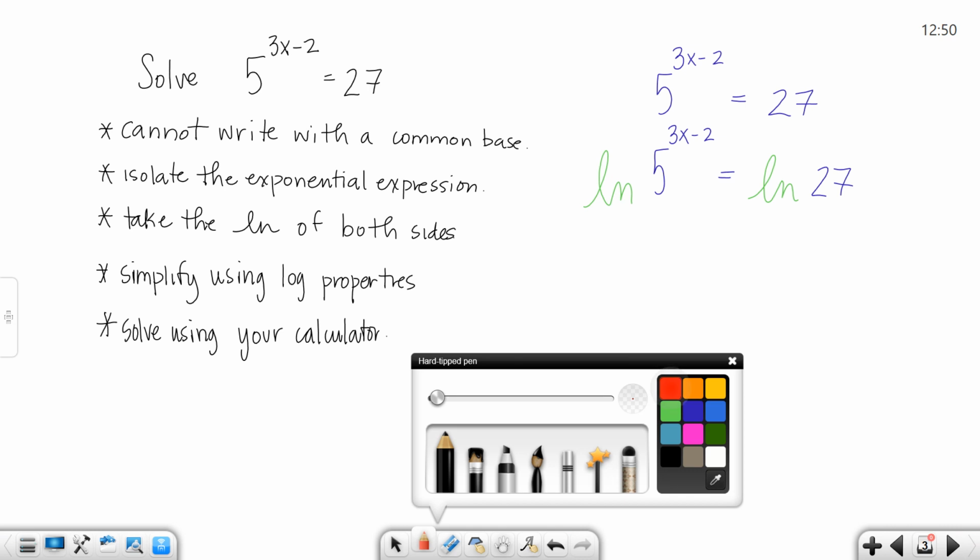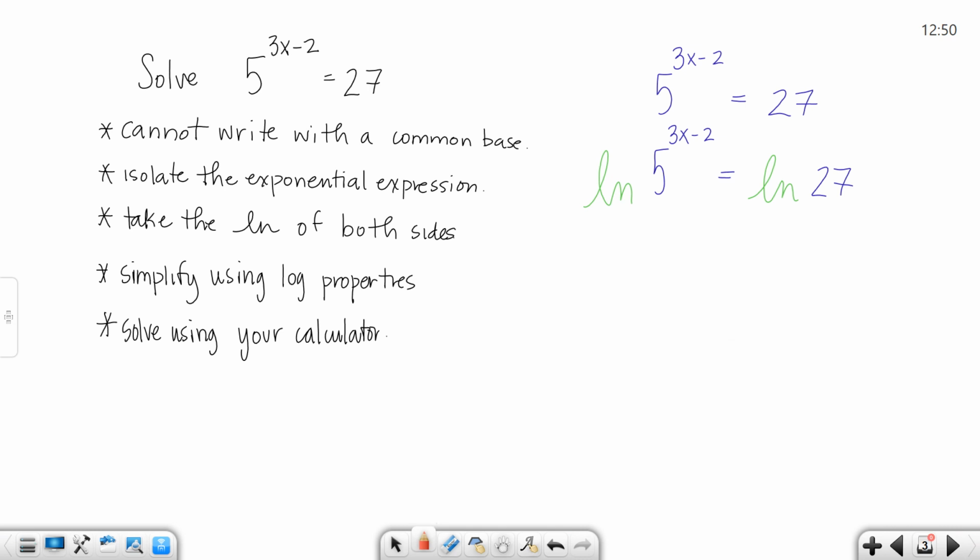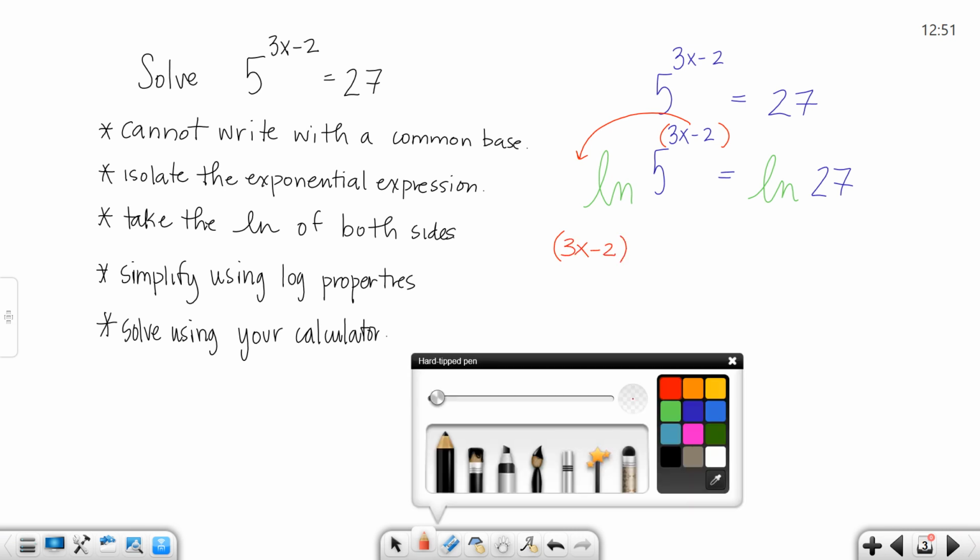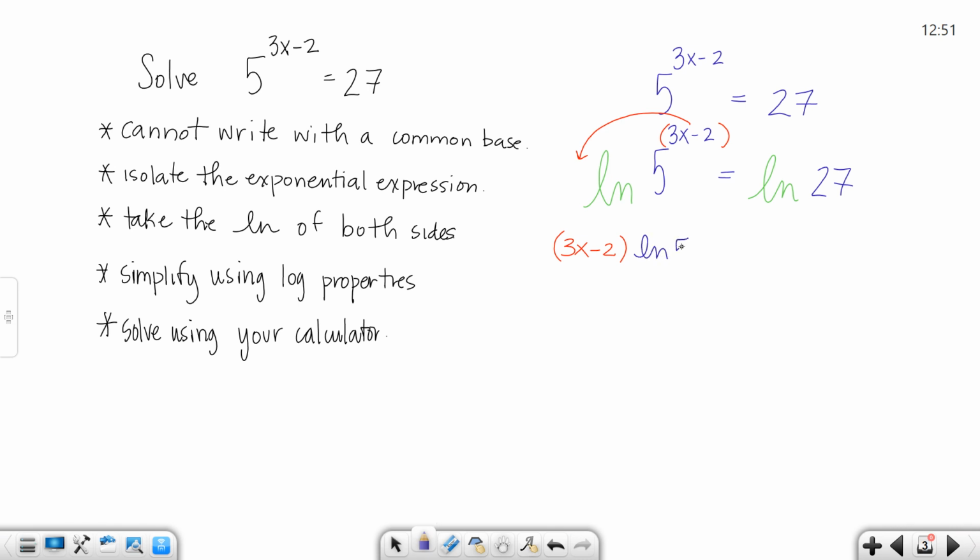Okay, here's what you have to remember. Remember the power rule a couple of sections ago? So what the power rule tells you to do is you can bring this power out in front. So you're going to have 3x minus 2 times the natural log of 5 equals the natural log of 27. Now that puts everything on a level playing field.